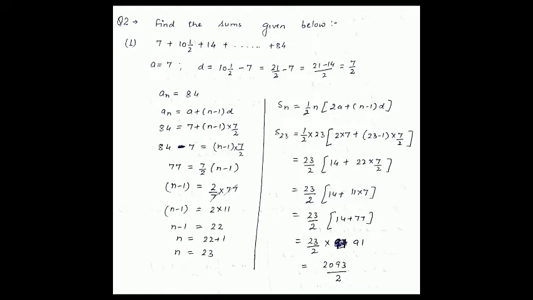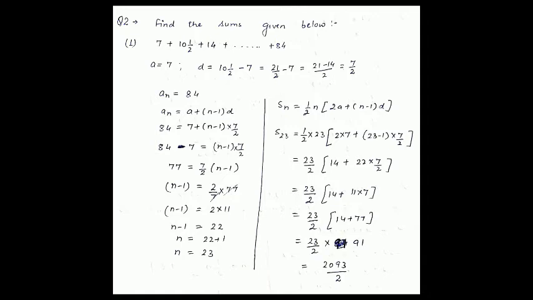We will take 7 by 2 to the left hand side, so n minus 1 is equal to 2 by 7 into 77. We are just solving. So n minus 1 is equal to 2 into 11, because 7 and 77 will get simplified. So n minus 1 is equal to 22. So n is equal to 22 plus 1. So n is equal to 23.